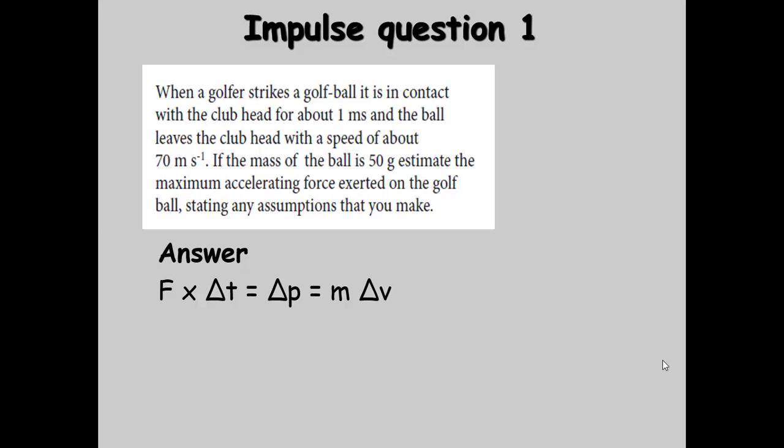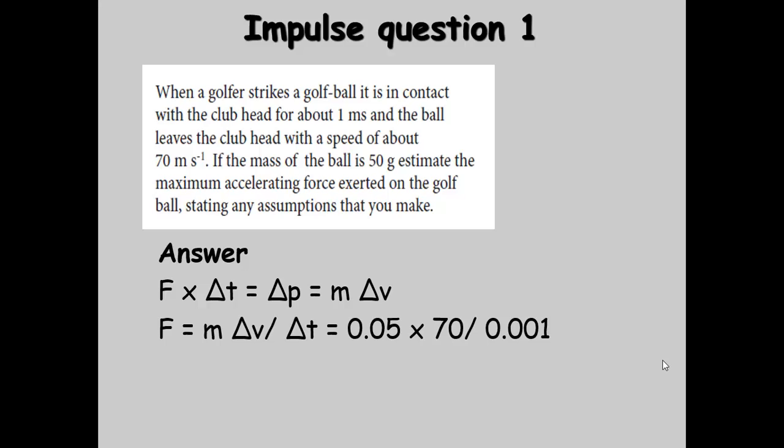We know that force times the amount of time taken is equal to the change in momentum. We know that the change in momentum is going to be equal to mass times the change in velocity. Therefore, I can rearrange this and I can recognize some key things here.